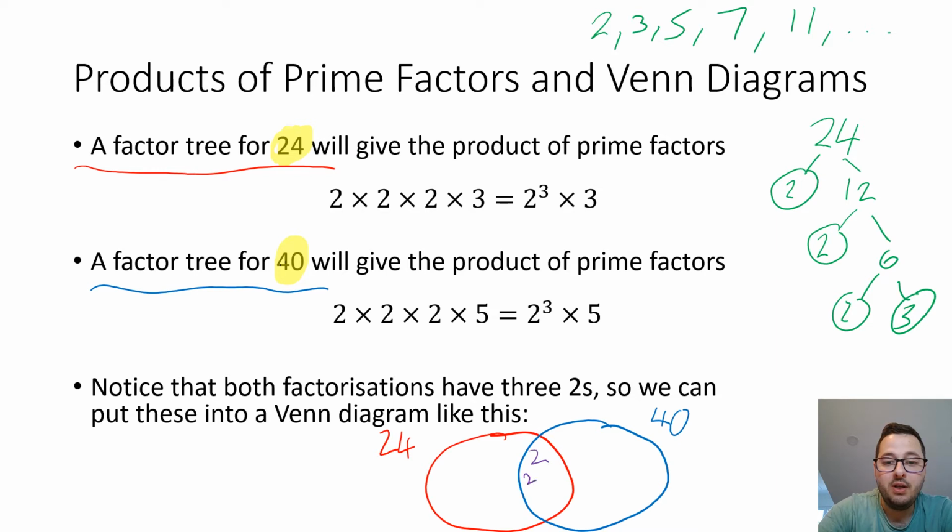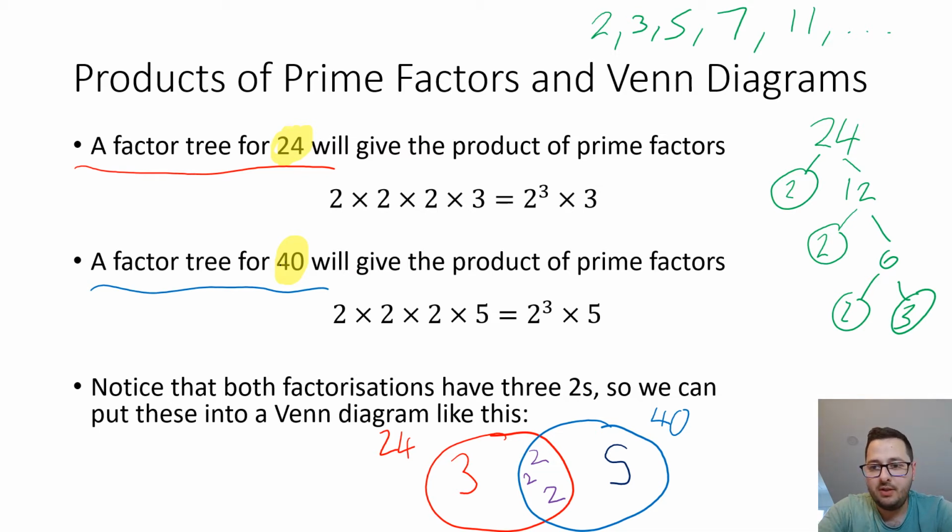So 2, 2 and 2. What does the red circle, what does 24, have extra? Well, it's got an extra 3. And what does 40, the blue circle, have extra? Well, it's got 5. Oops, I didn't want to draw that in that colour. Let's have it blue. There we go, 5. So that is our Venn diagram.